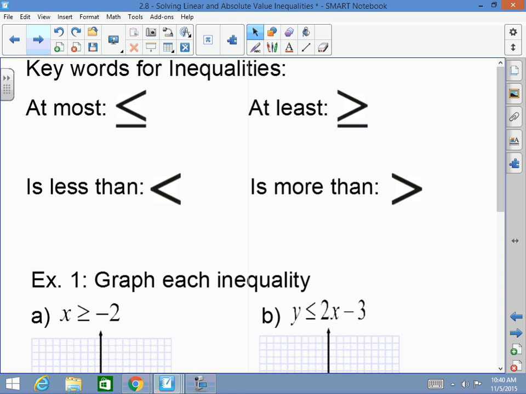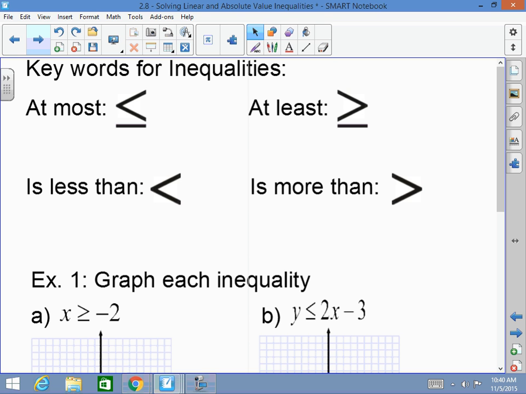So whenever you hear "at most," it's less than or equal to. "At least" is greater than or equal to. For example, I could say that everyone in this class is at least 15 years old. That means you're 15 or older. So at most is less than or equal to. At least is greater than or equal to.